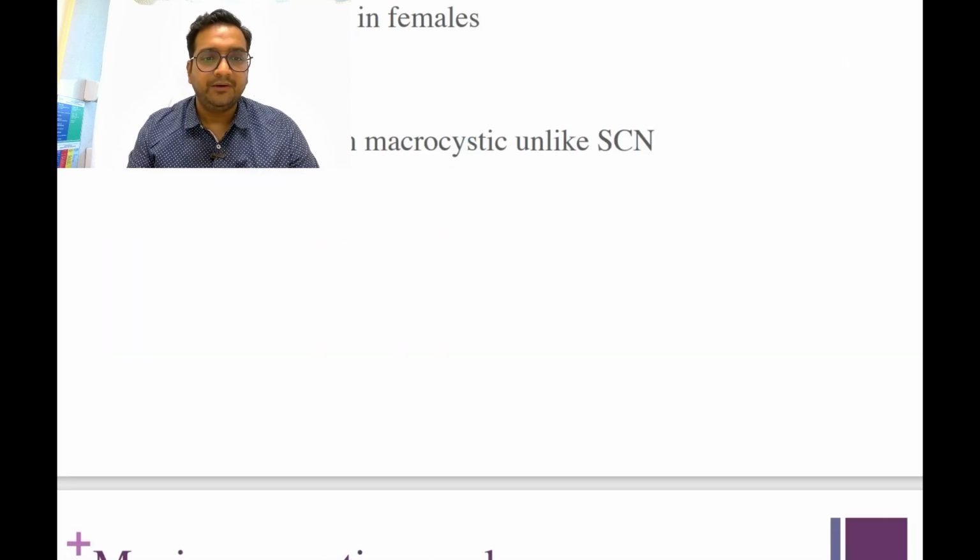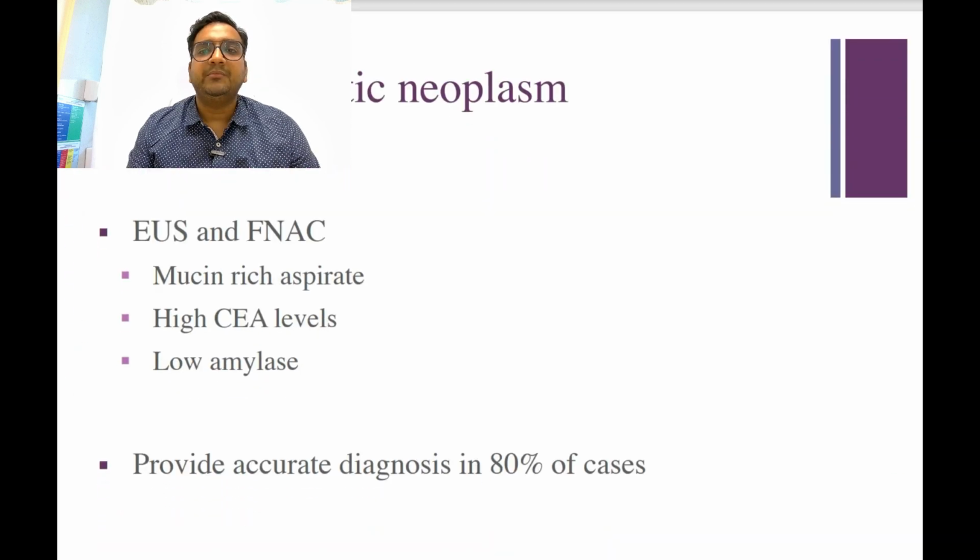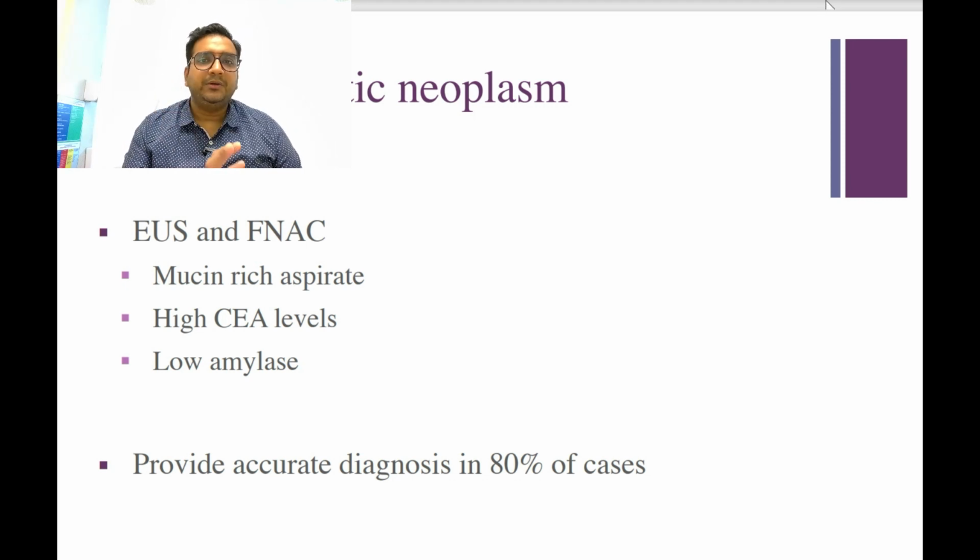Now, when we come to final diagnosis, we have done a CT scan and seen the high risk features for malignancy. Now to confirm whether the cystic neoplasm is serous or mucinous, we need EUS and FNAC, which provides accurate diagnosis in up to 80% of patients.